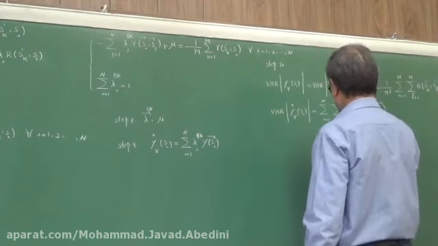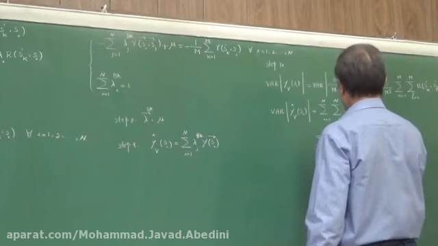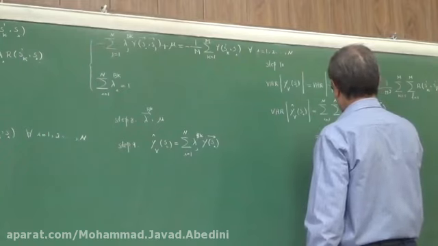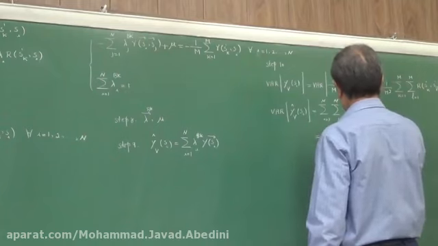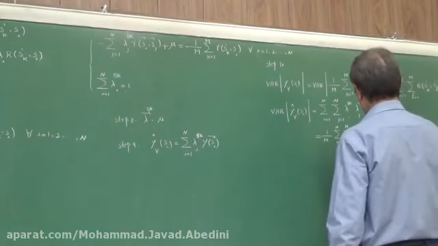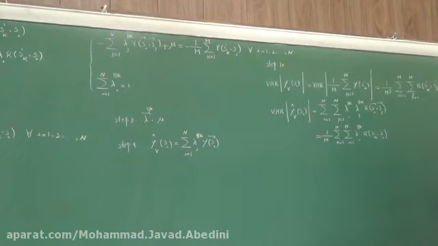One over m summation k from 1 to m, summation i from 1 to n, lambda i, which is for bk, times r s prime k s i, minus mu.